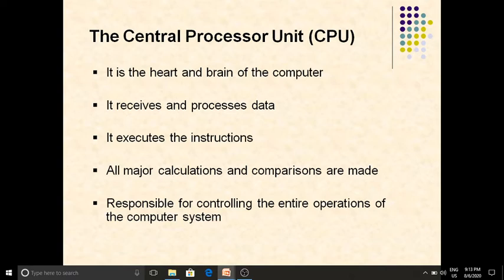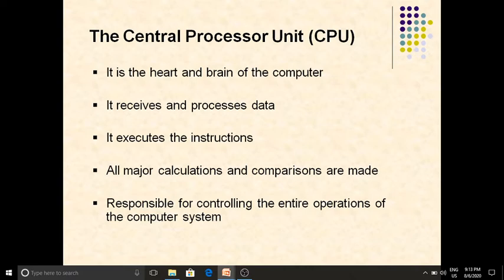It receives and processes data. It executes the instructions. All major calculations and comparisons are made, and it is responsible for controlling the entire operations of the computer system. Okay students, the CPU is the main heart and brain of the computer, because without the CPU nothing is done.